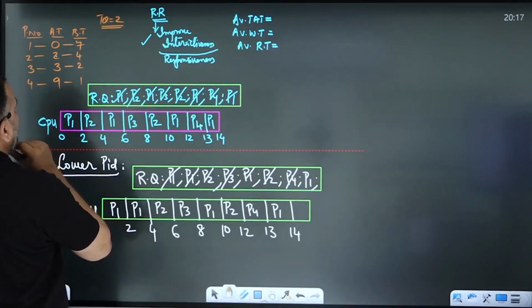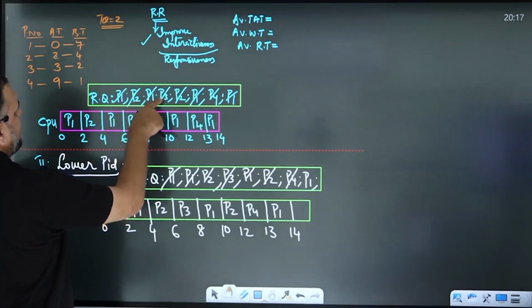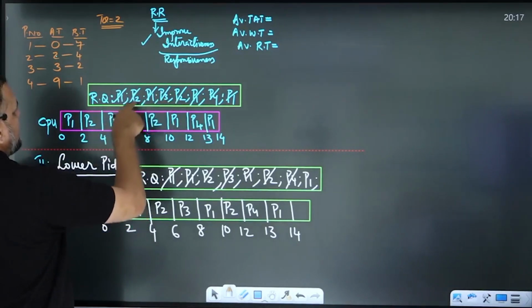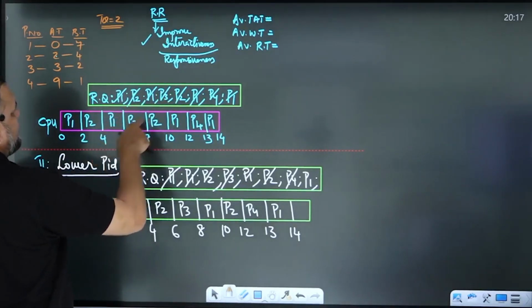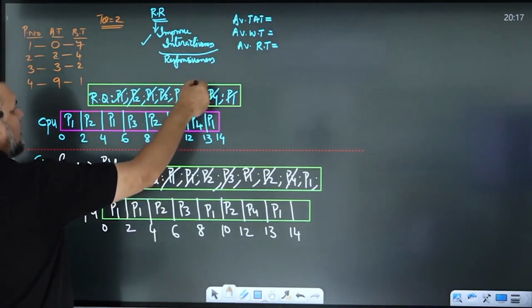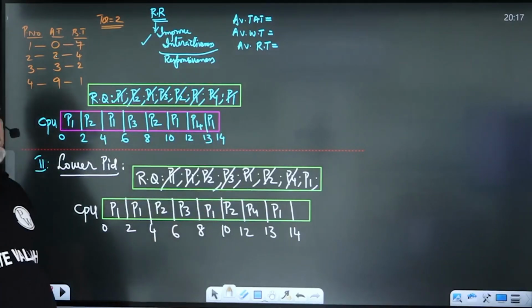In between 2 and 4, when P1 got preempted, P3 had already come, so I added P3, and then P1 got inserted here. So after that P2 runs 4 to 6, no new process, so P2 gets preempted and added to the queue. That's why P4 got scheduled after P2. That is the reason. Prepare the chart.